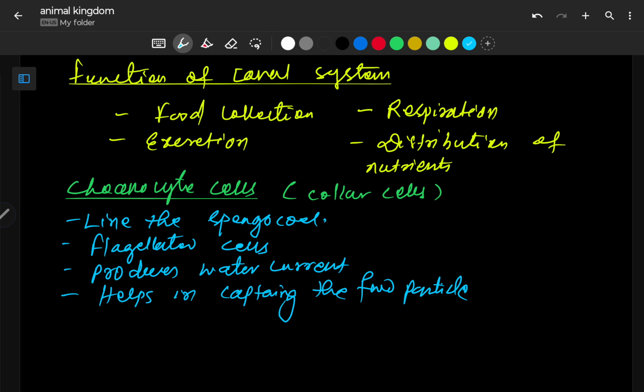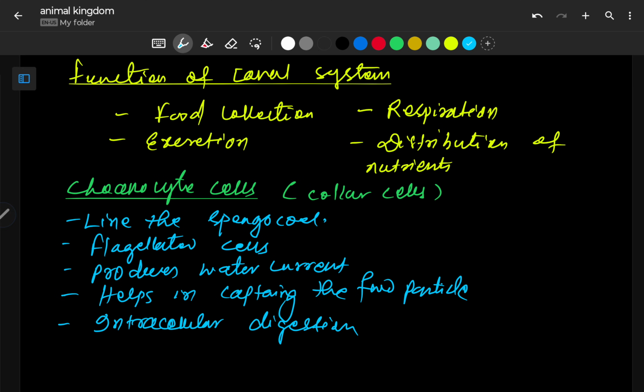Okay, it helps in capturing the food particle, and it also helps in intracellular digestion. So what happens when the food enters into the spongocoel through the water?